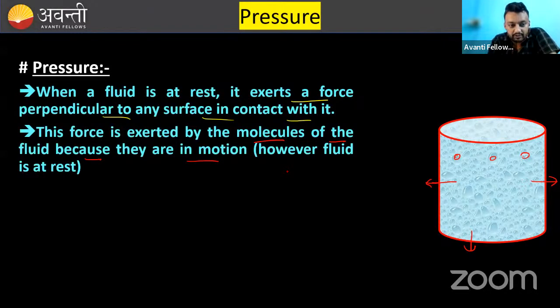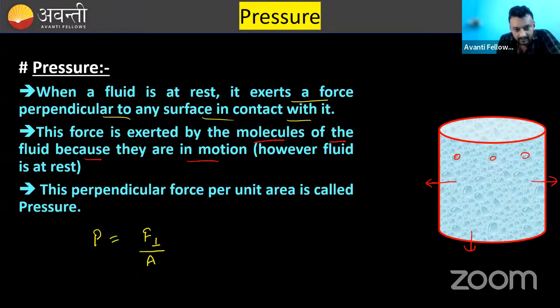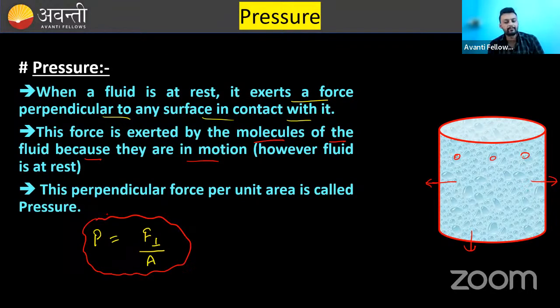Now, next thing, how is this pressure defined? Pressure is defined as perpendicular force per unit area. Pressure is defined as force which is perpendicular divided by area. So remember that pressure is not force per unit area, it is perpendicular force per unit area.